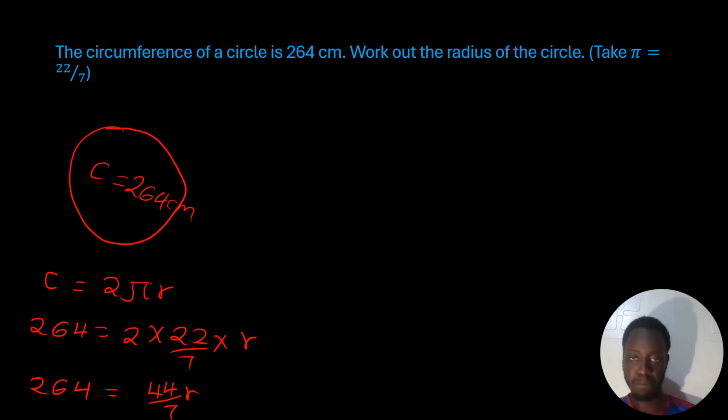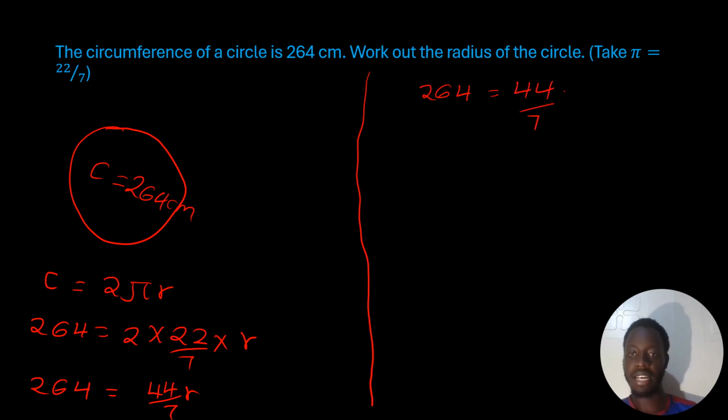Okay. So we have 264 is equal to 44/7 r. So let's multiply both sides by 7 to remove the denominator. This 7 cancels with this 7.